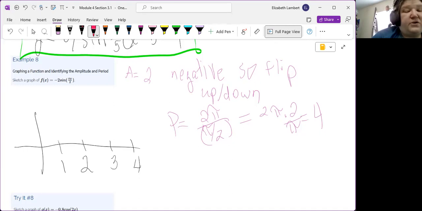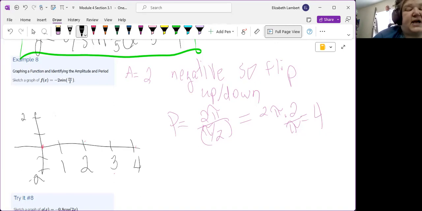This is a sine graph, so it's going to start at 0, 0. And then it would go up to 1, back to 0, 0, down 1, back to 0. But we have an amplitude that goes up to 2. So let me mark 2's. And then they told us it was flipped.